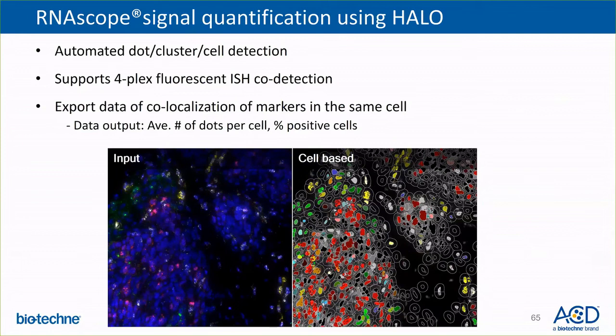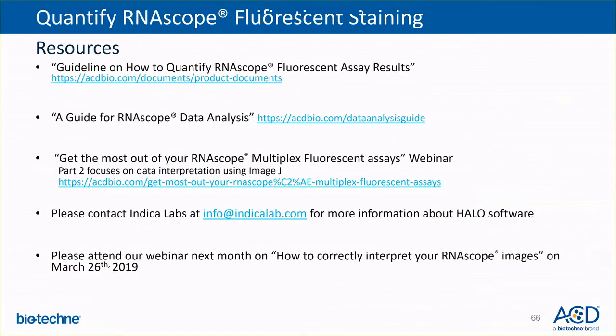In-house, we use Halo software, which enables automated signal dot and cell detection, and provides output data in a format of average number of dots per cell or percentage positive cells. To learn more about RNAscope fluorescent image analyses, please feel free to check out the listed resources on our website. And if you would like to know more about Halo software, please contact Indica Labs directly.